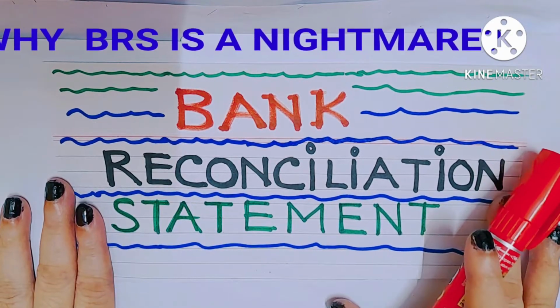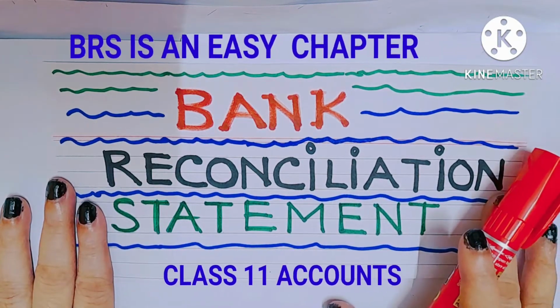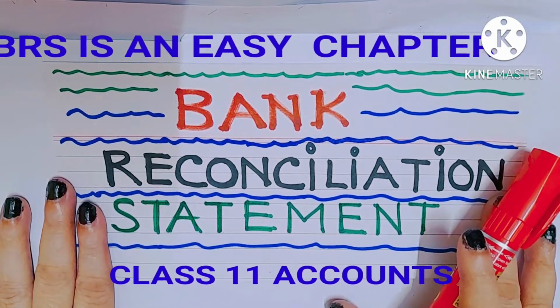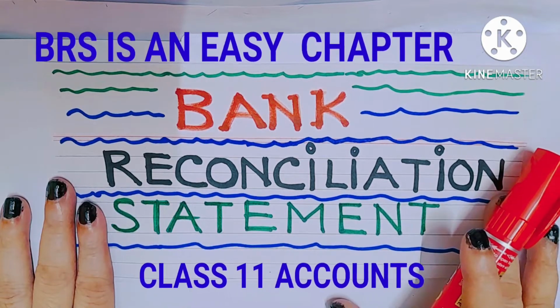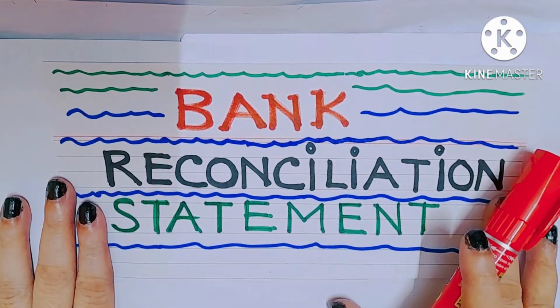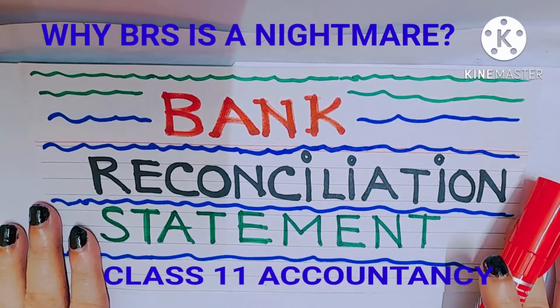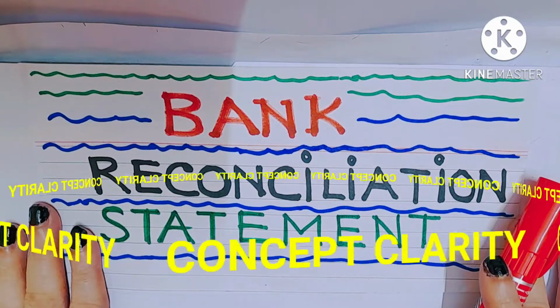And let me answer the question. I feel Bank Reconciliation Statement is not only an easy chapter but a very scoring chapter of class 11 accountancy. So why is BRS a nightmare for most students?